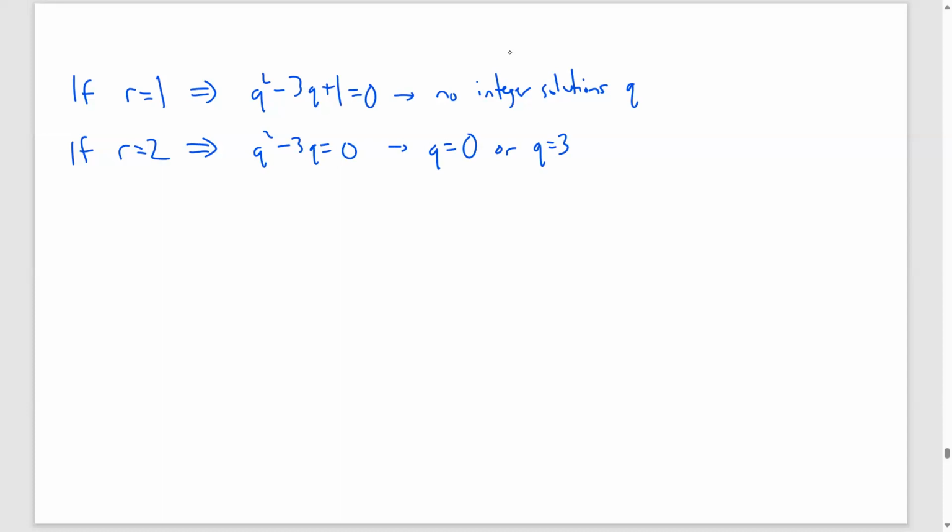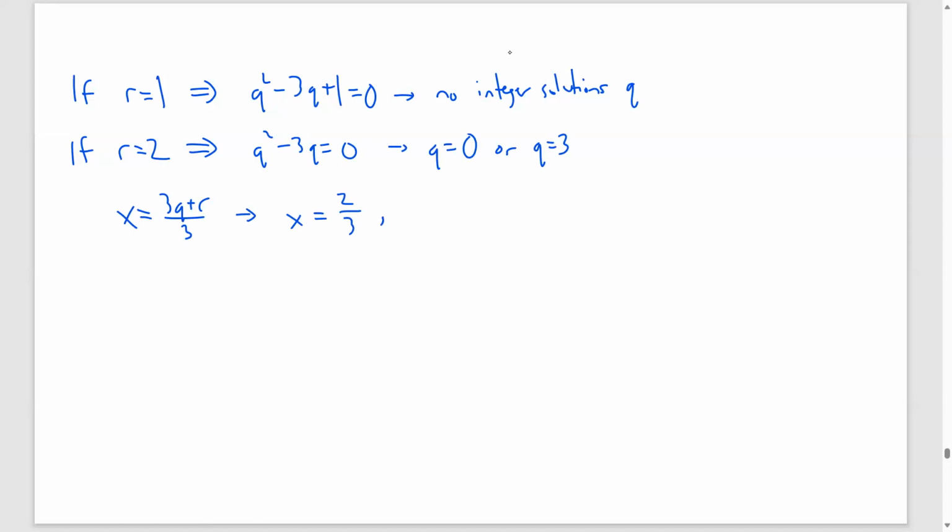Now remember that we defined x to be 3q plus r over 3. This gives us the solutions. x is equal to, by plugging in q is 0 and r equals 2, I obtain 2/3.